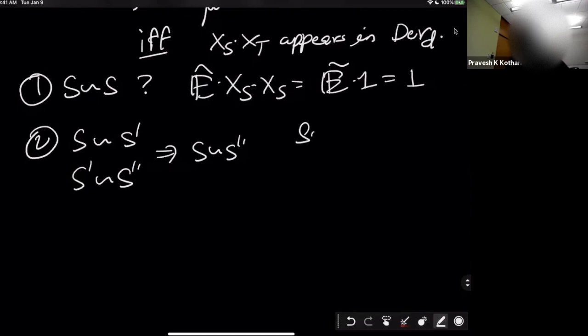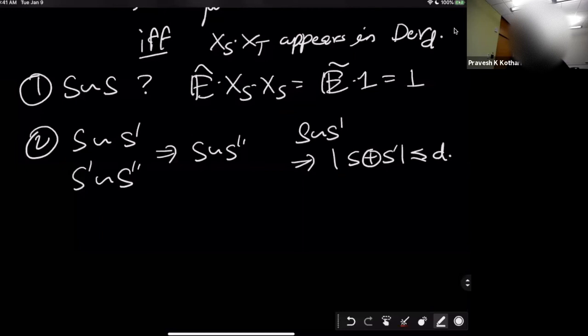Again, we can do this without referring to monomials. S XOR S prime is a set of size at most D. That's what our procedure was. So the only way S and S prime are related is if their XOR is a collection of variables of size at most D, that's the monomial they will derive.